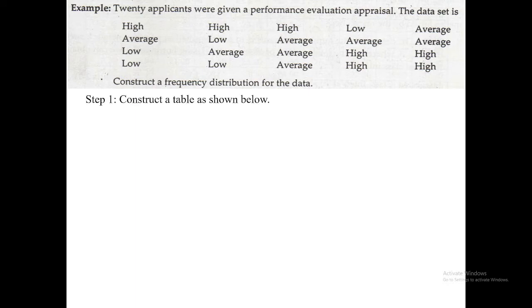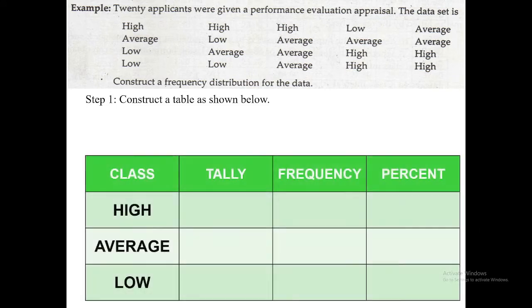Step number 1 is to construct a table as shown below. So, as you can see, the heading for our table: the class, the tally, the frequency, and then the percent. So take note, that will be the heading for our qualitative data na table.